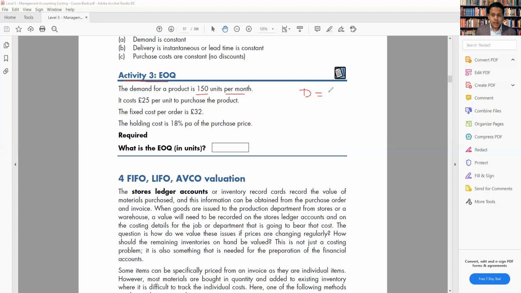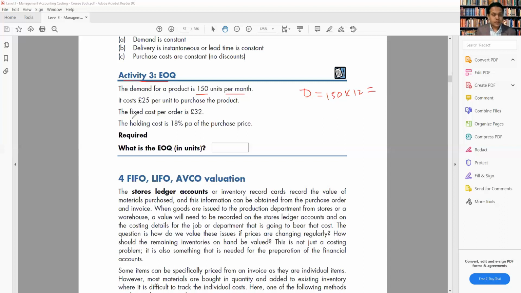We need it for the whole year, so 150 times 12. It costs 25 per unit to purchase the product. In this formula we don't need the purchase cost, but maybe it is relevant to something.